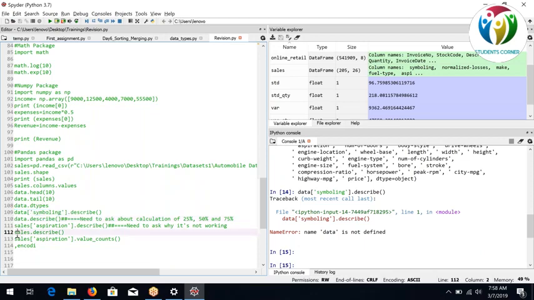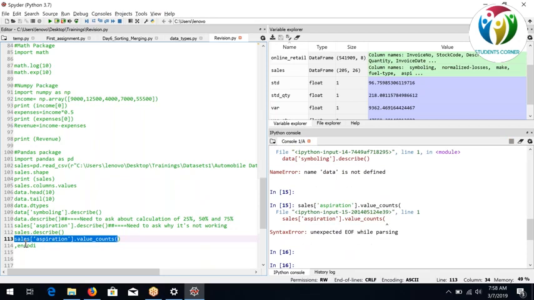Not this one, because I changed the name later to sales. The data will not work, because what is the data frame you have? The data frame name is sales. The data which you have imported, you have stored in sales, right? So instead of data, just like how you did sales.column values, why did you do sales on line number 105?